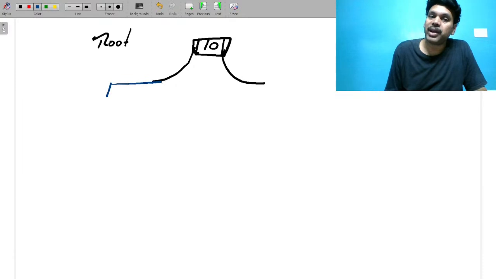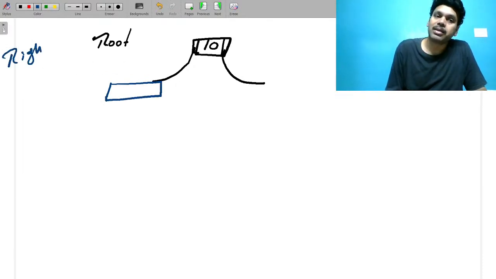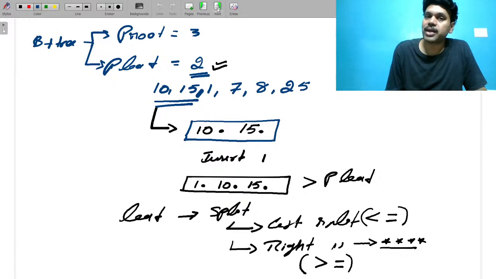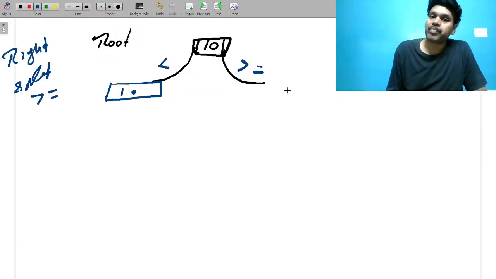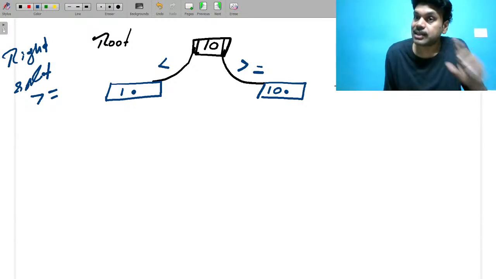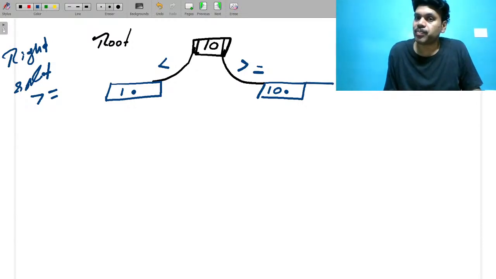Therefore, you bring the remaining keys. I said I am doing a right split. When you are doing a right split, I need to follow less than, and greater than or equal to. So less than, if you consider 1 dot, and on the right hand side greater than or equal to means this 10 you need to maintain, because the leaf is responsible to store your keys. That's why we need to write the 10 also, and one more is also there, that is a 15 dot.